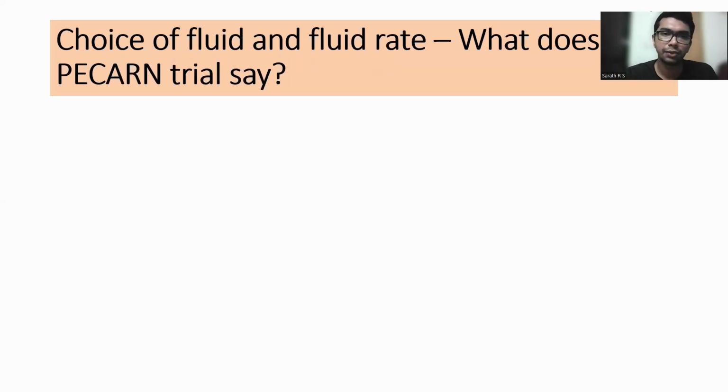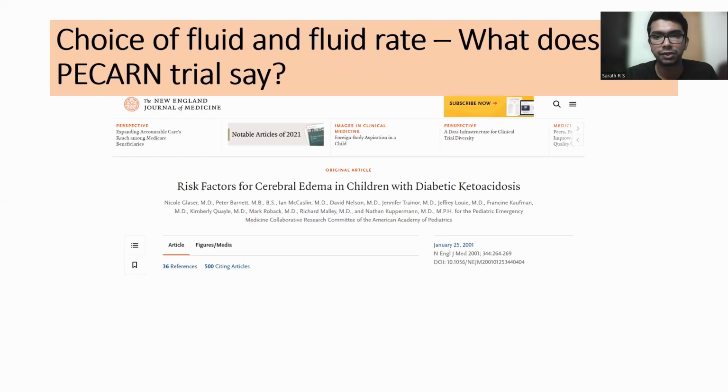Before that, I will tell you about some other study which was conducted earlier. It was an observational study conducted in the year 2001 by Nicole Glaser et al. They tried to find out all the risk factors for cerebral edema in diabetic ketoacidosis, and they found out that fluid rate or choice of fluid is not a parameter which interferes with the pathogenesis of cerebral edema.